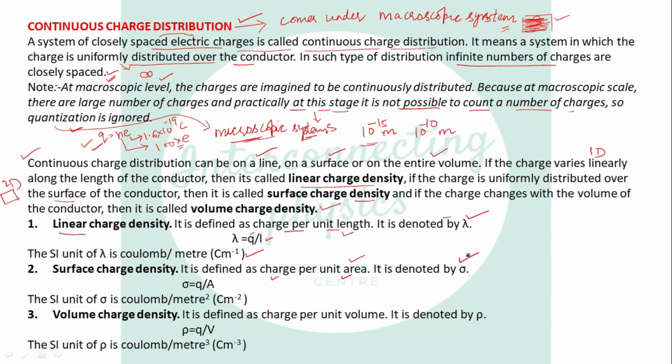It is denoted by sigma, and sigma is Q divided by A, and the SI unit of sigma is Coulomb per meter square, that is Coulomb meter inverse square. And the volume charge density is defined as the charge per unit volume. It is denoted by rho, and rho is Q divided by volume, and the SI unit is Coulomb per meter cube, that is Coulomb meter inverse cube.